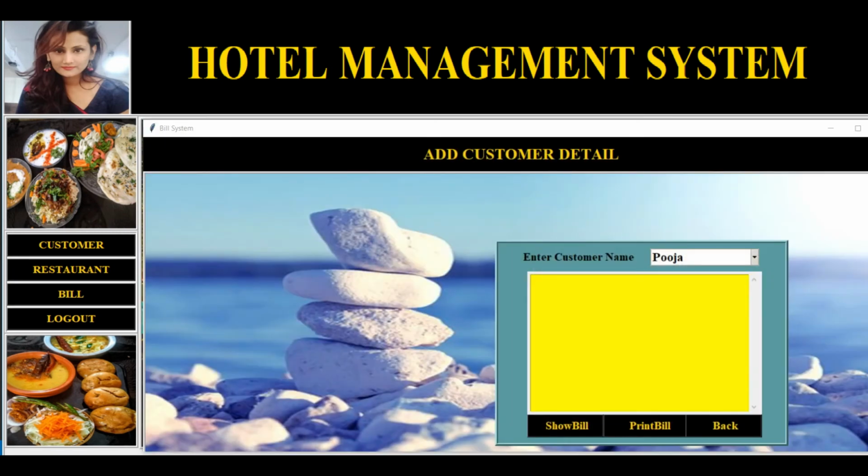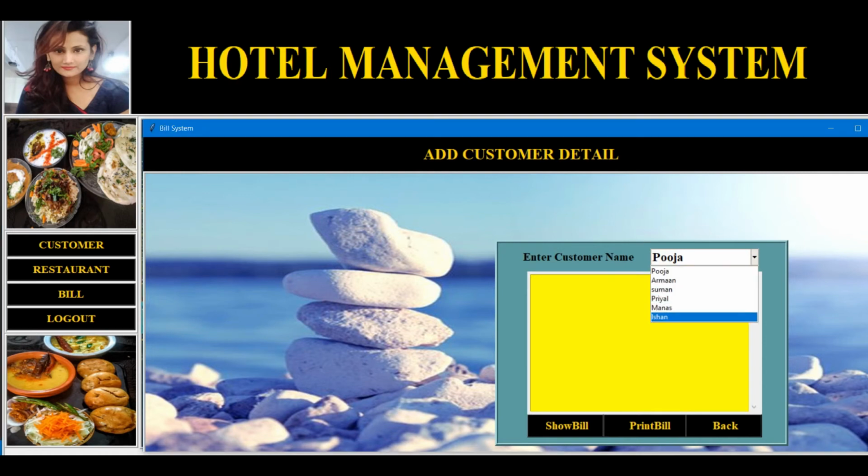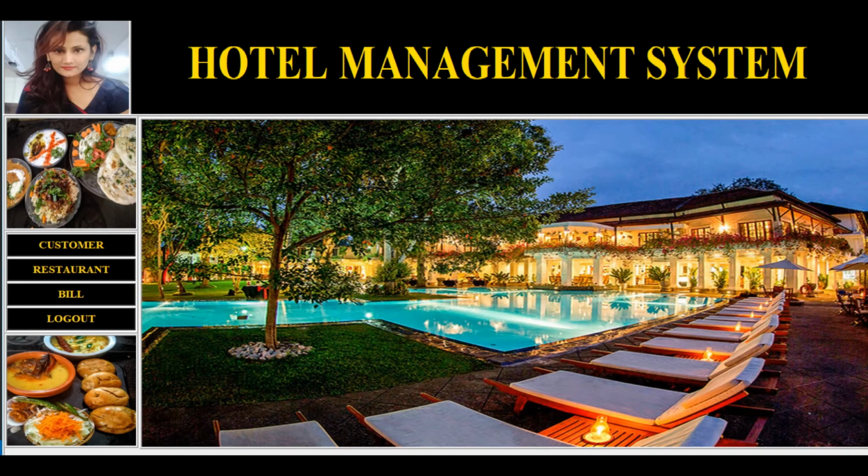This is your bill section, and here if you select the particular customer and click on show bill, it's going to give you 8,600, because the charges were 4,000 for one day of that room and the 600 restaurant bill. Altogether it is 8,600 right now. If you want, you can print your bill from here and you can get back to the window and go back to the home one.